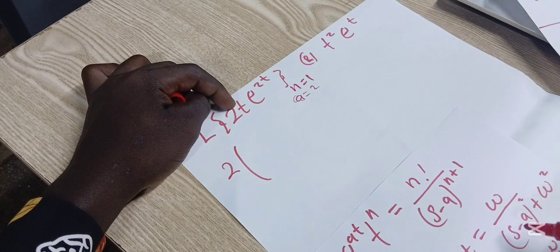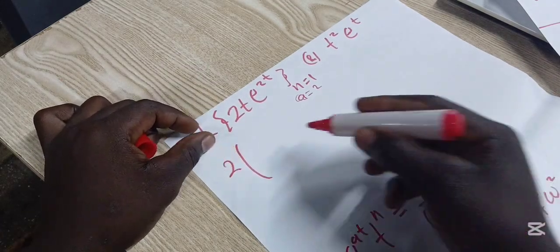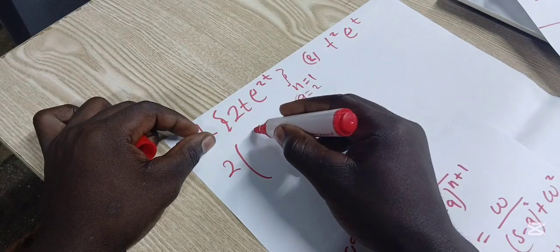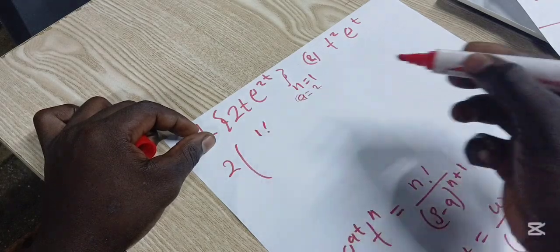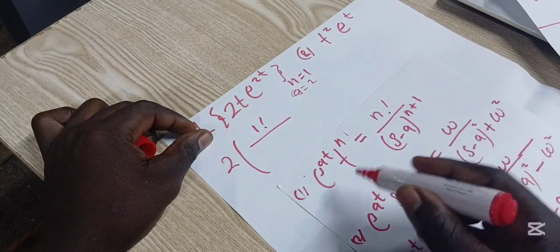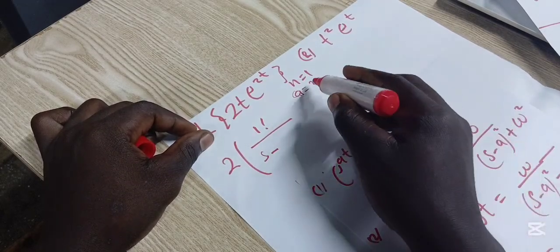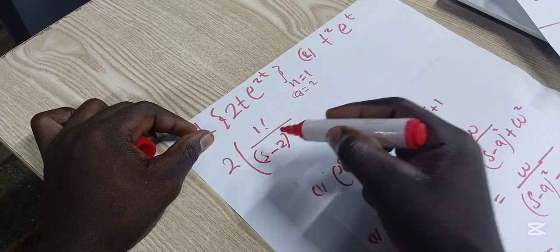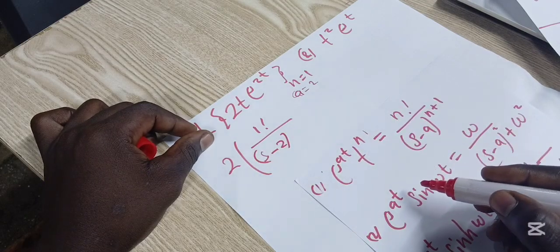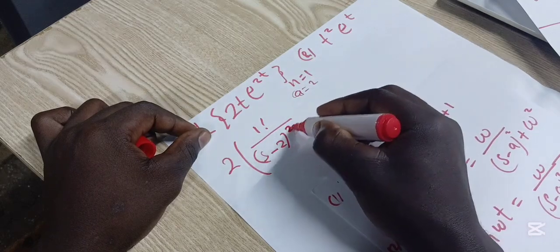So now let's start solving. So we are going to get 2 times n factorial, and our n is 1, which is 1 factorial, all out of s minus a. We have our s minus a. What is our a? a is 2, all into bracket, raised to the power n plus 1, and our n is 1, so 1 plus 1 gives us 2.